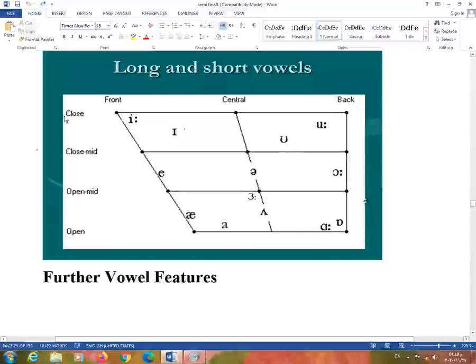So these are the different English vowels and their positions, the places inside our mouth where we pronounce these vowels, as represented here in this vowel chart. Hope that you are able to draw such charts and specify the position of every vowel as shown here in this figure.